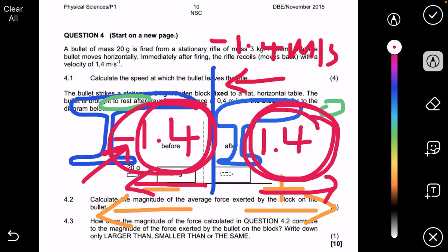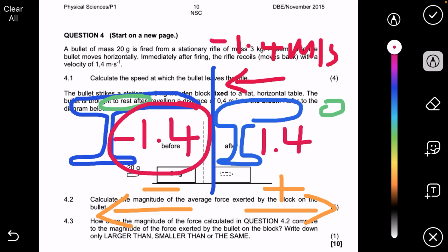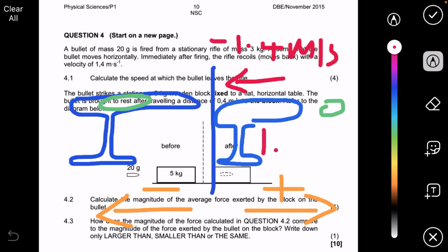I hope you fully understand that part. That's why when it comes to drawing the graphs, most of my learners fully understand when I draw the graphs, for example, a graph of velocity versus time, acceleration versus time, displacement versus time. It's because they fully understand in physical sciences that the negative or the positive refers to the direction.